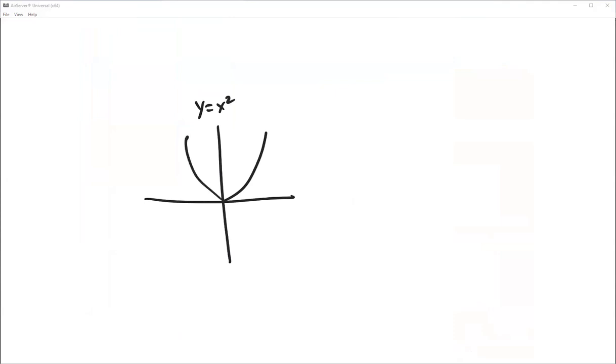Okay, so whenever I have y is equal to x squared, we know that the parabola will be pointing up. If I have y is equal to negative x squared, we know that it will be pointing down. If I have x is equal to y squared, we know that it's going to be pointing to the right.